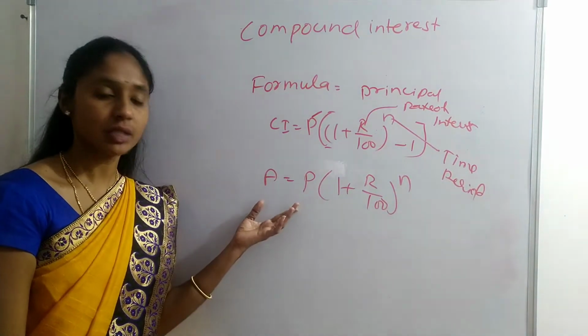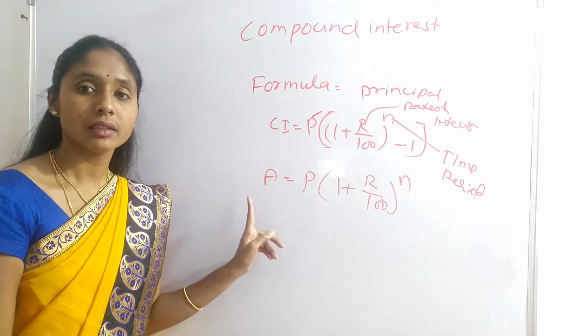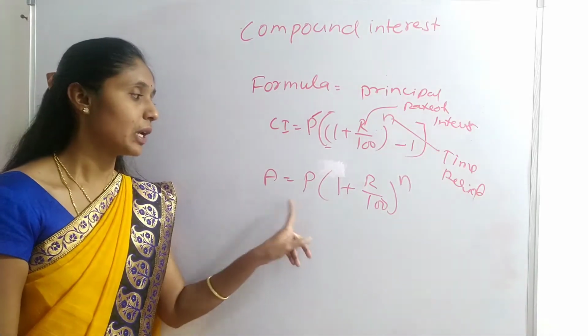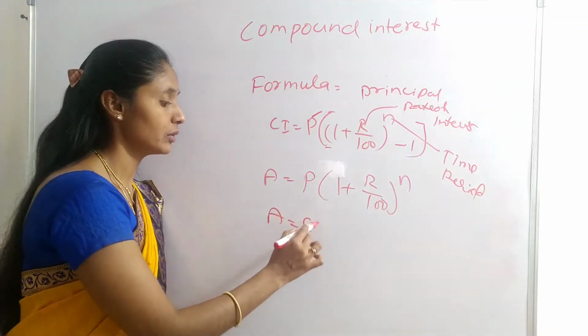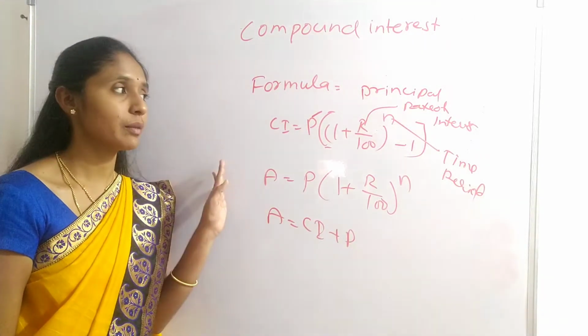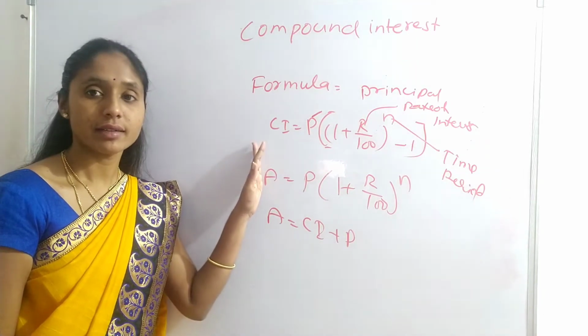Same terms, but A indicates compound interest plus principal amount. Principal amount plus compound interest is equal to the amount.